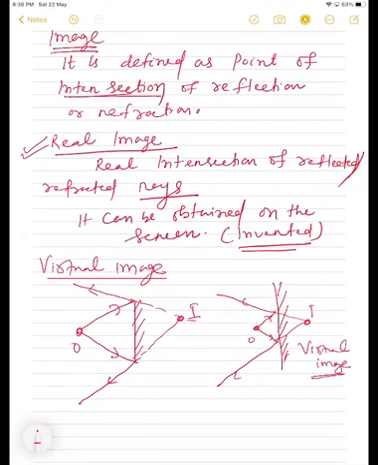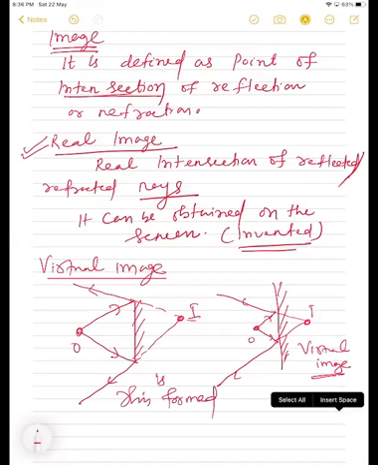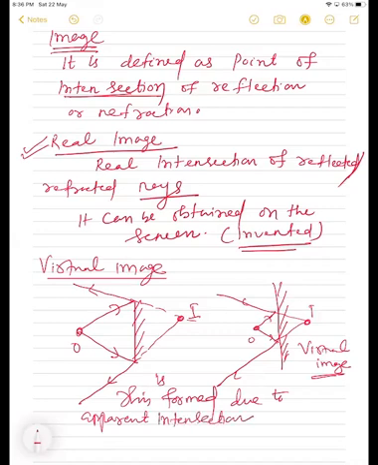This is formed due to apparent intersection of reflected or refracted rays.